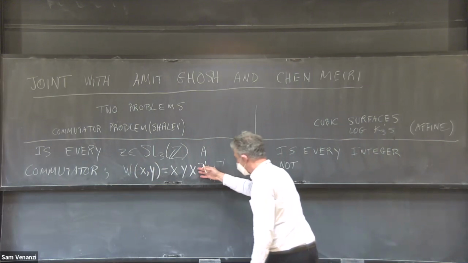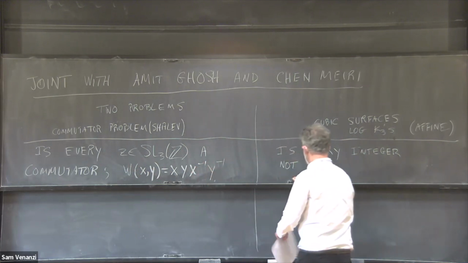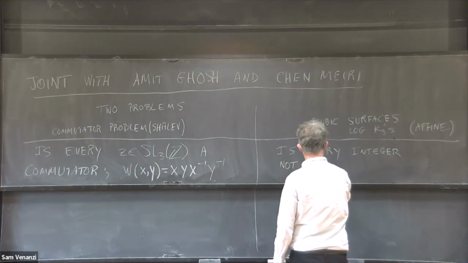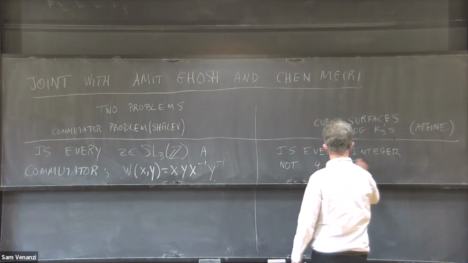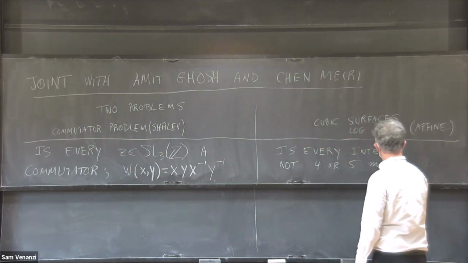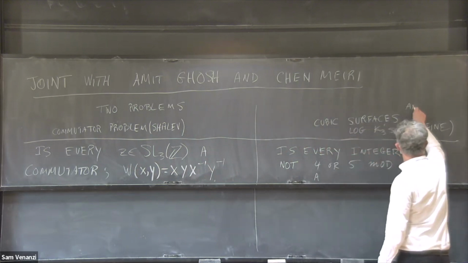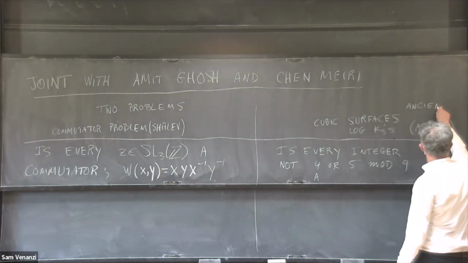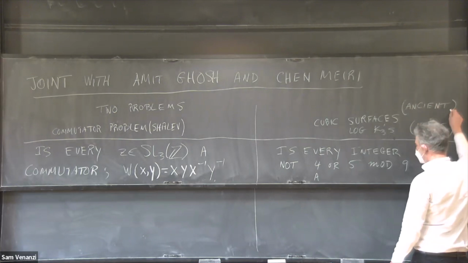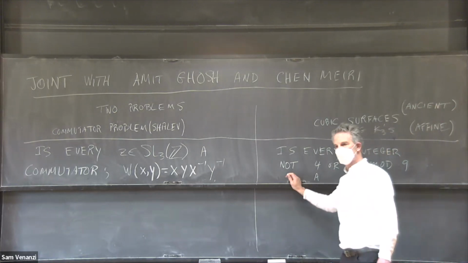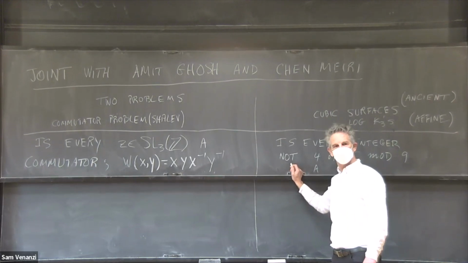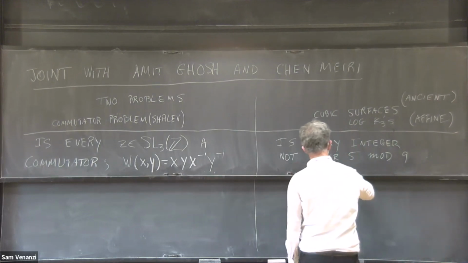We don't know any obstructions other than local ones: not 4 or 5 mod 9. This is an ancient problem. Again, say yes, no, whatever you want. Nobody will prove or disprove you at this point in terms of what we know. A sum of 3 cubes.